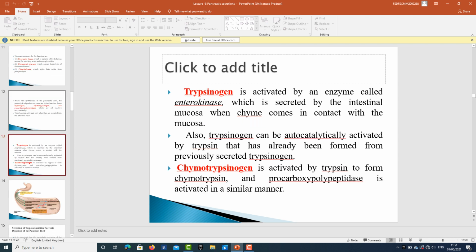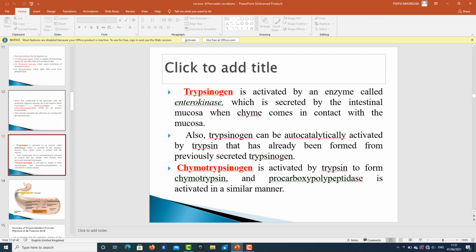Trypsinogen is activated by an enzyme called enterokinase, which is secreted by the intestinal mucosa when chyme comes in contact with the mucosa. Trypsinogen can also be autocatalytically activated by the trypsin that has already been formed from previously secreted trypsinogen.